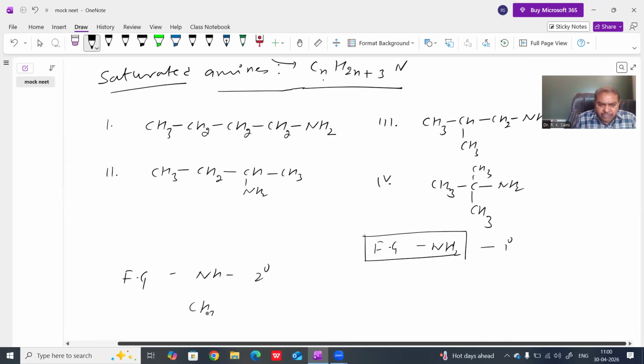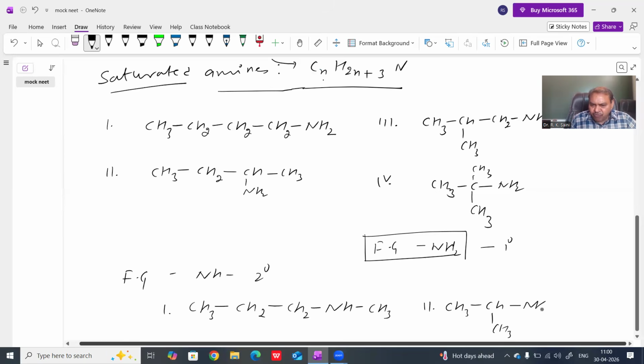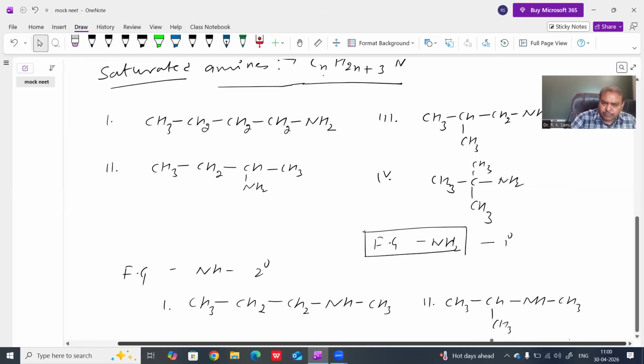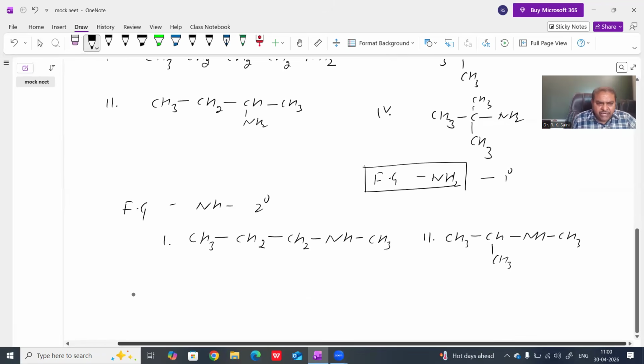We write structures of 3 secondary amines, namely N-propyl methylamine, isopropyl methylamine, and the third one is diethylamine. These are the secondary amines of this formula.